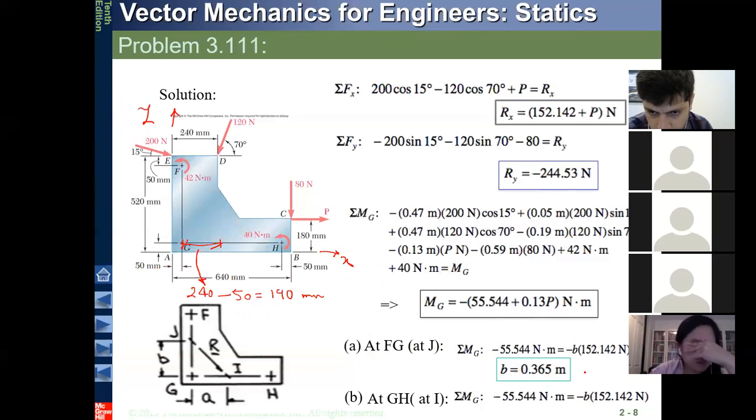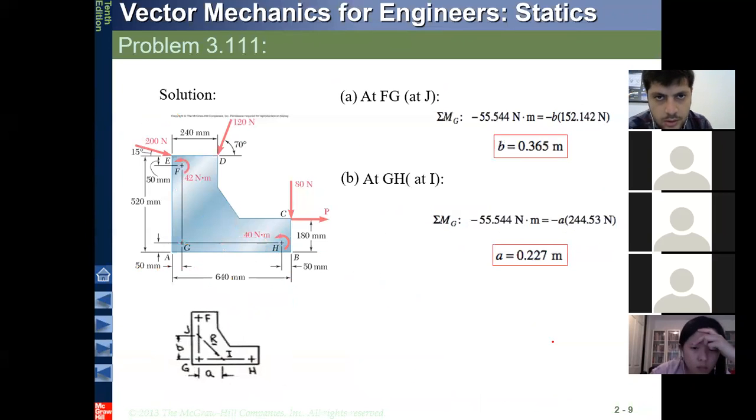Okay, this part is wrong here. So then we want to find the location of a point.